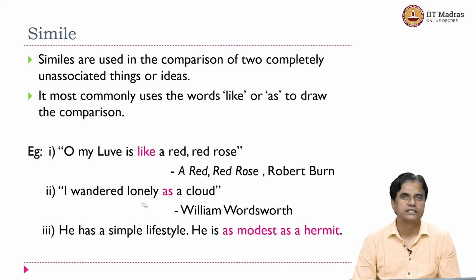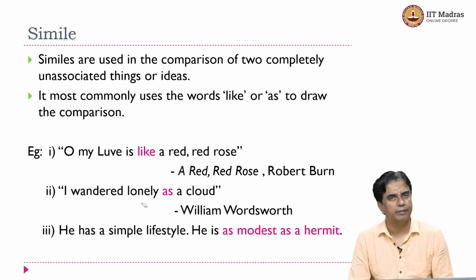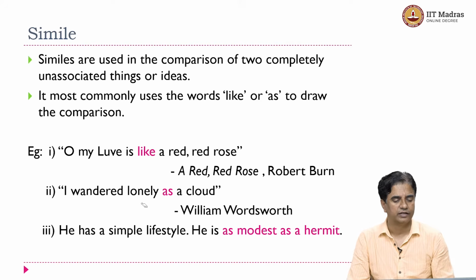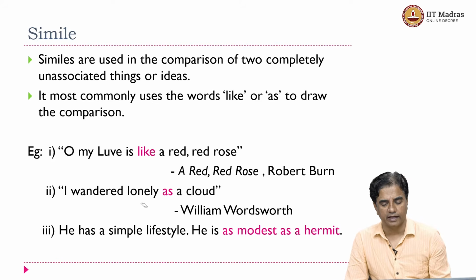The first one is known as simile. Maybe you have heard this before, maybe you use this often, but we need to know that in this context it's called simile. So, look at example 1. It comes from a poem, A Red, Red Rose by Robert Burns.